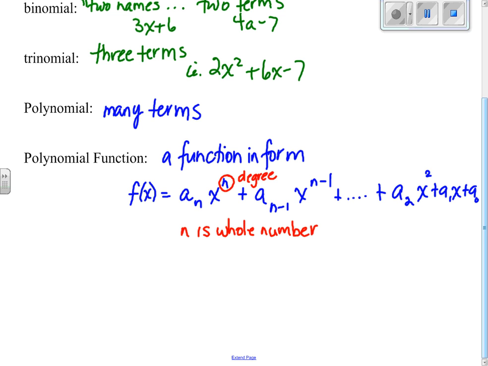So if you have a fourth degree polynomial, x to the fourth is your largest power. We will have coefficients from the first one all the way to the nth one, and they are real numbers.